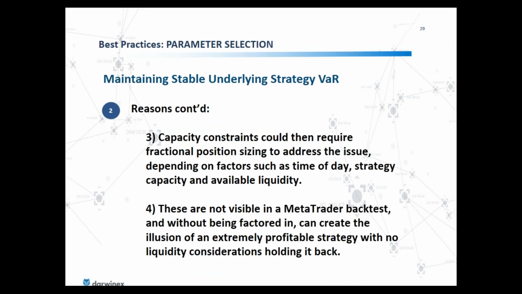Capacity constraints, as I was just talking about, could then require fractional position sizing to address the issue, depending on factors such as the time of day, strategy capacity, and available liquidity. And fractional position sizing is the simple practice of, let's take a step back.